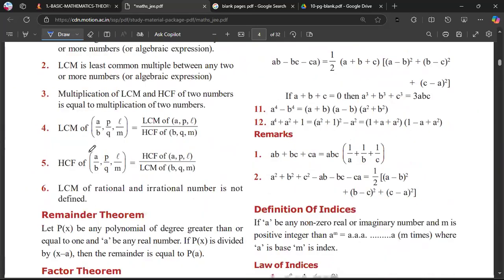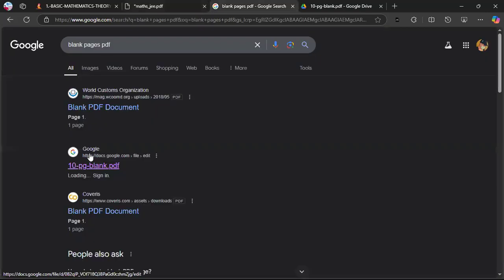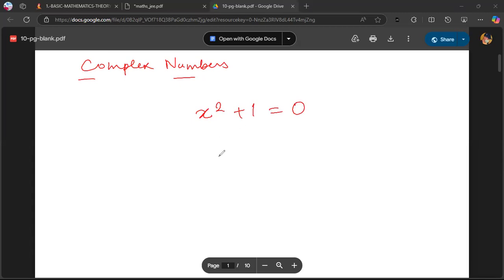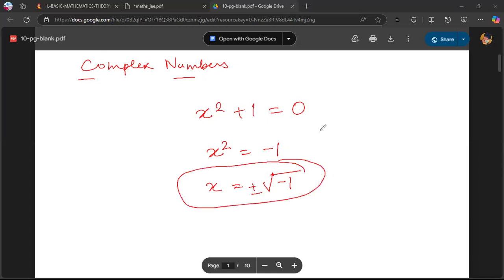Now before proceeding, we are just going to look at the concept of complex numbers, and in detail we will discuss it later. Complex numbers. This whole complexity started with this equation. The solution of this will be, now after taking root, earlier than this we were not able to find the square root of any negative number.